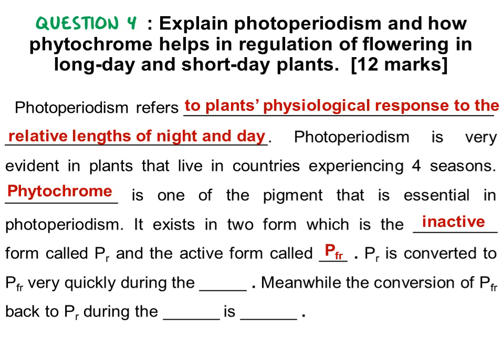PR is converted to PFR very quickly during the day. Meanwhile, the conversion of PFR back to PR during the night is very slow. Here the clue is that quickly is the opposite of slow.